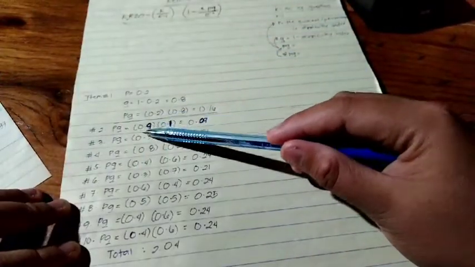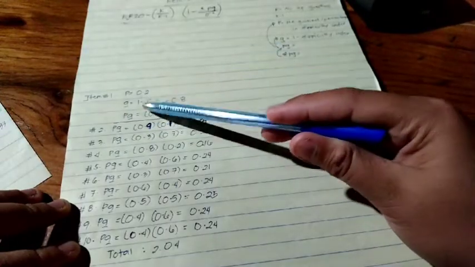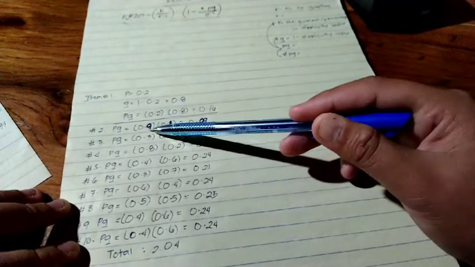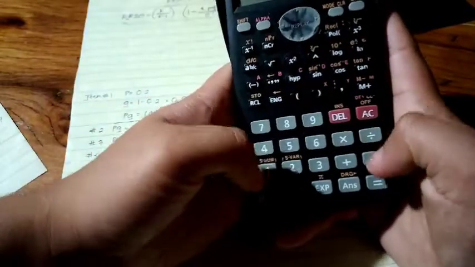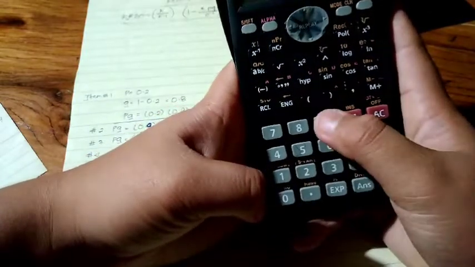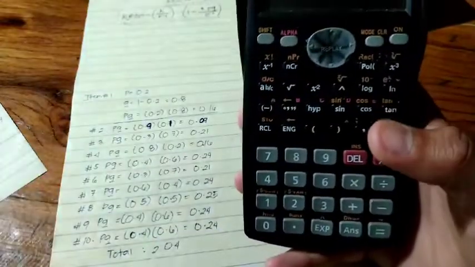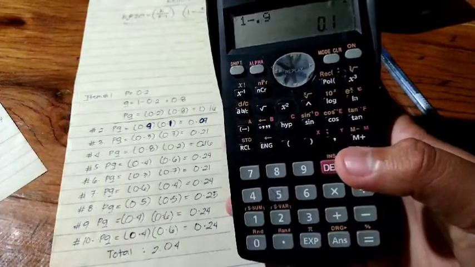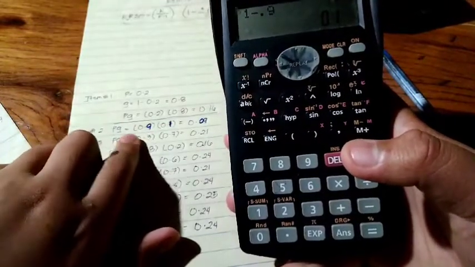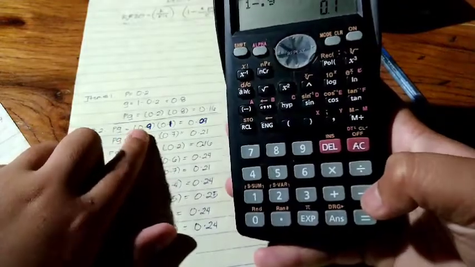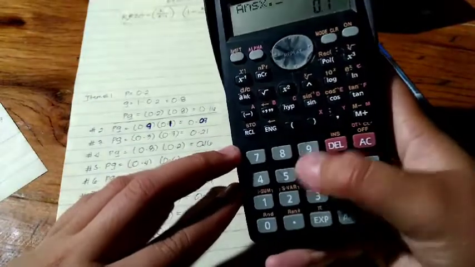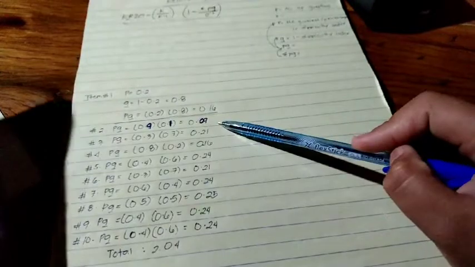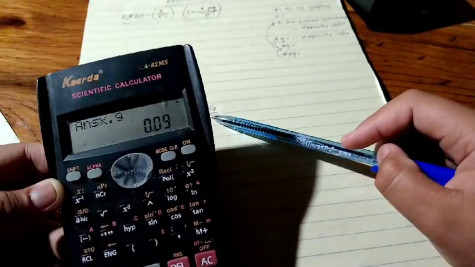So, 0.9. 1 minus 0.9 is equals to 0.1. 0.1 will be multiplied by 0.9. So, times 0.9. So, ang answer kay 0.09.